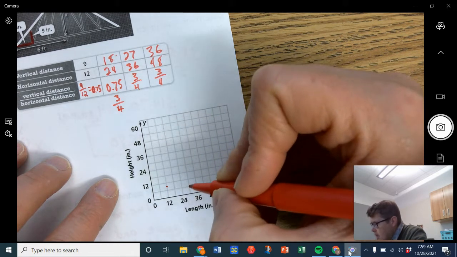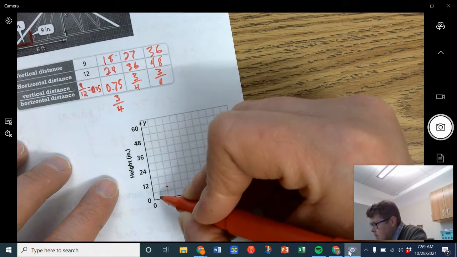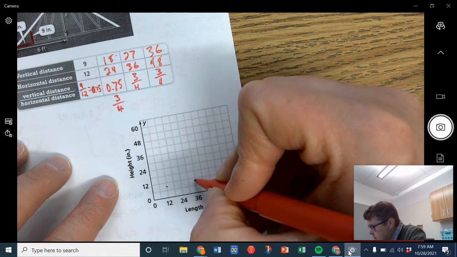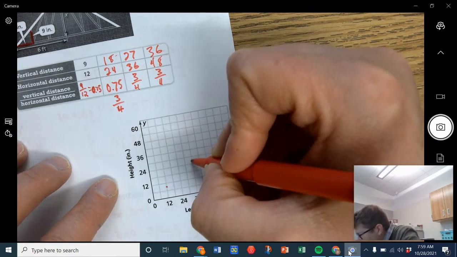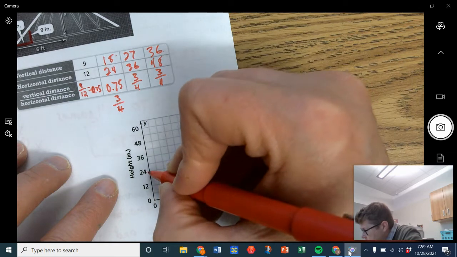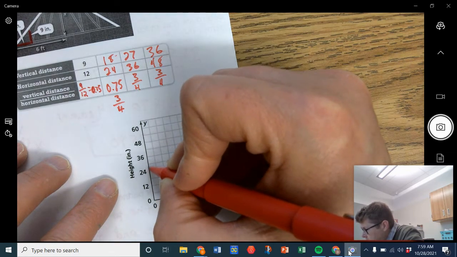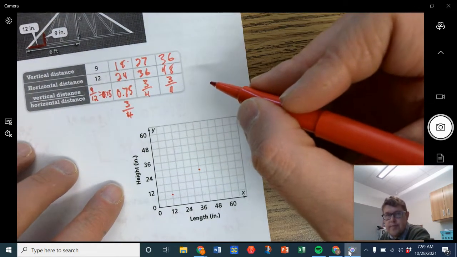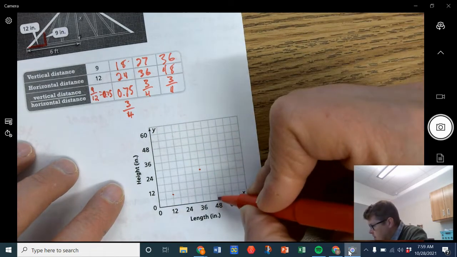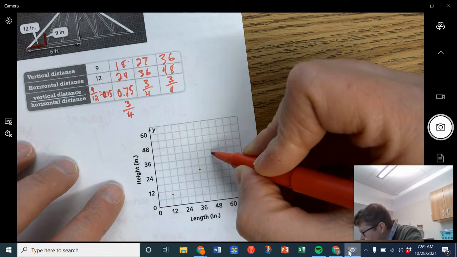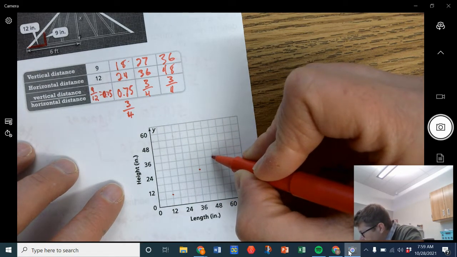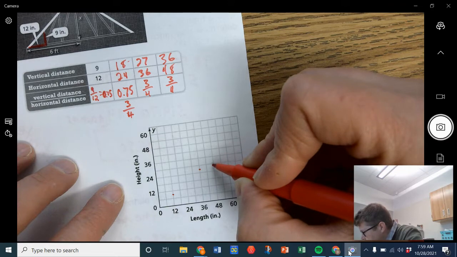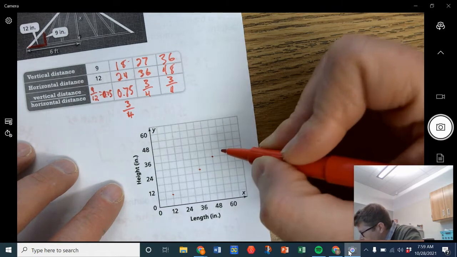Then 36 and 27 is halfway in between, because this is 30 right here, and halfway between 30 is 27. And then 48 and 36: 48 for the horizontal distance, 36 for the vertical distance right there.